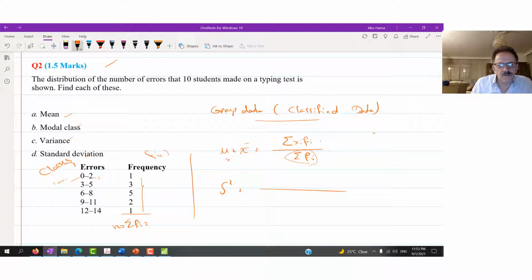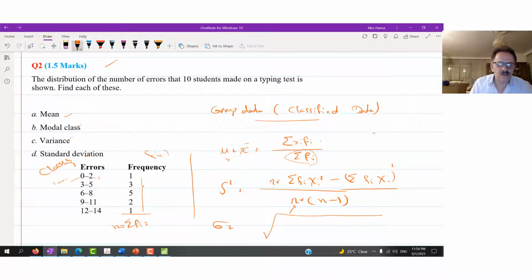Then what about the variance? The variance is equal to n times the summation of fi xi squared, minus the summation of fi xi all squared, divided by n times (n minus 1), and again n is the summation of fi.